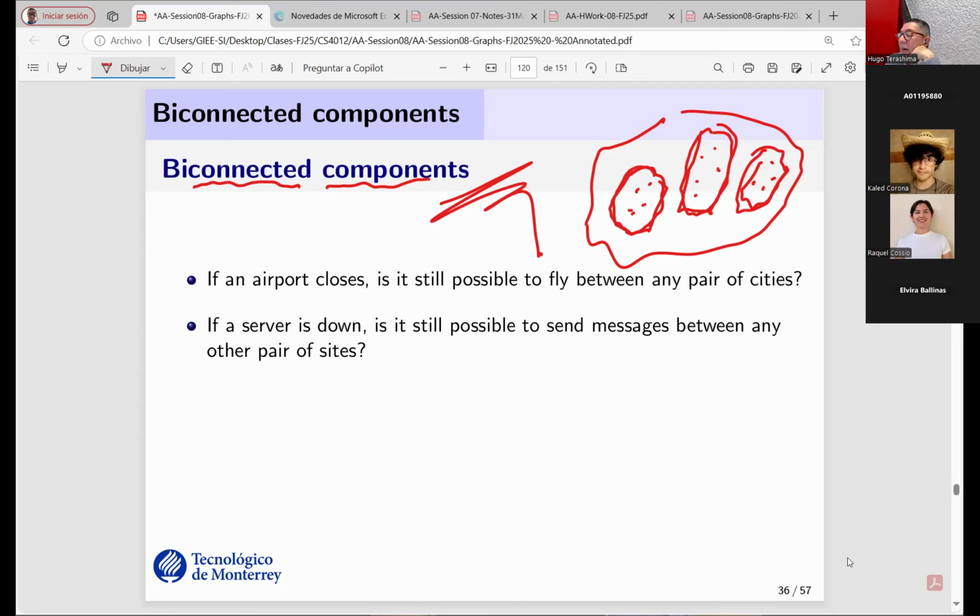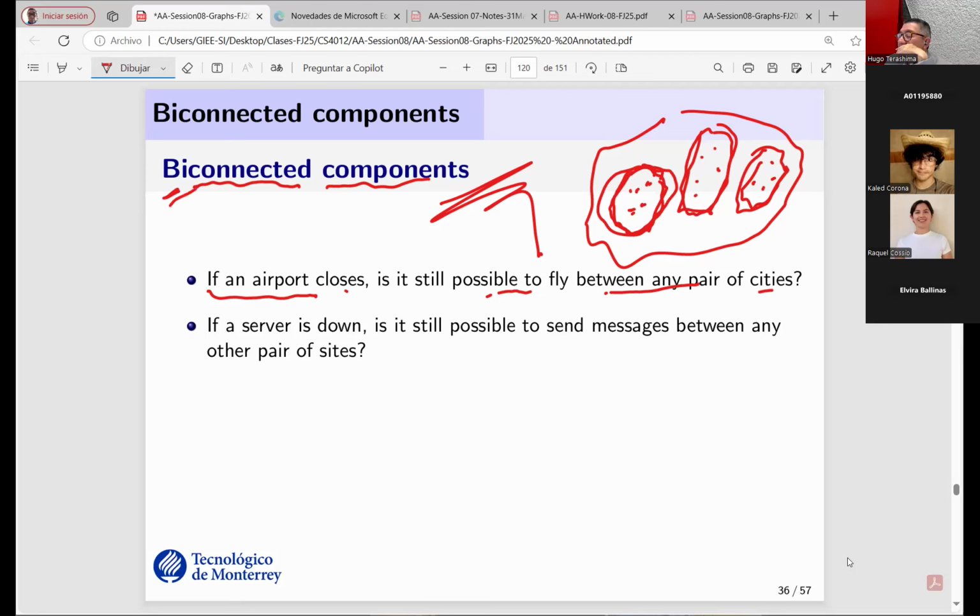And the idea with bi-connected is that we have at least two connections between any pair of nodes in the subgraph, right? For example, you have a network of airports, and if one airport closes, you still have the possibility to fly between any pair of cities, right? In that component, right?